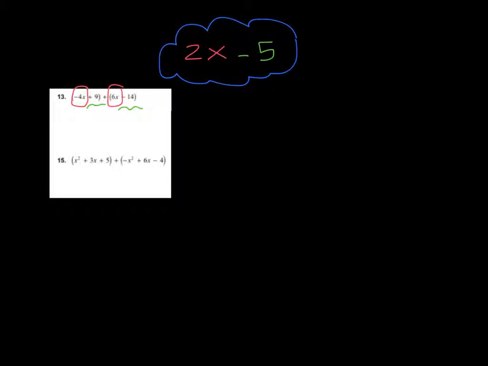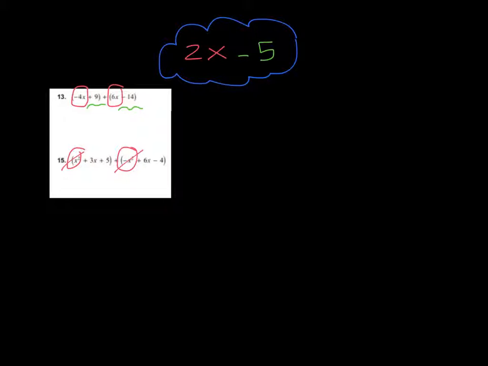Okay, all right, let's go ahead and look at number 15. It has a few more pieces. This is a trinomial because it has 3 terms being added to another trinomial. When you add polynomials, remember you can only add like terms. So they have to have the same variable with the same exponents. So if I have x squared plus negative x squared, those are going to cancel out.